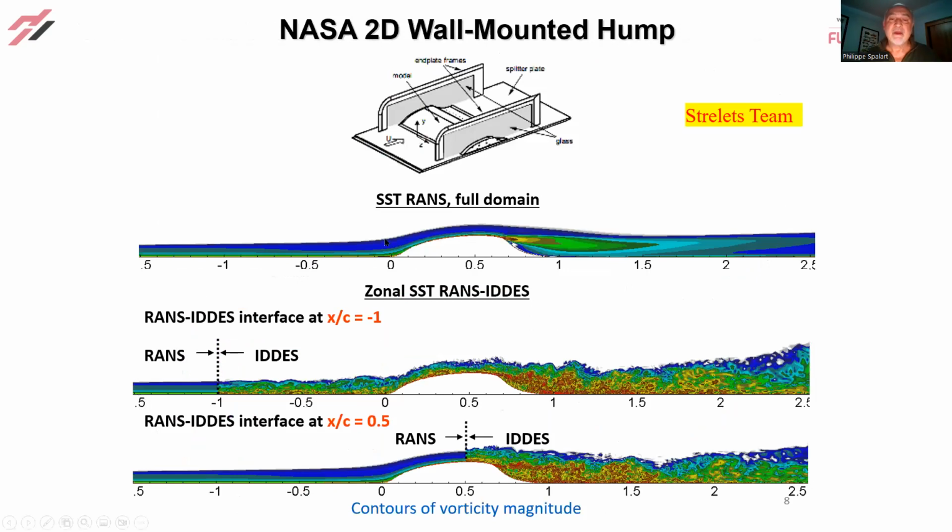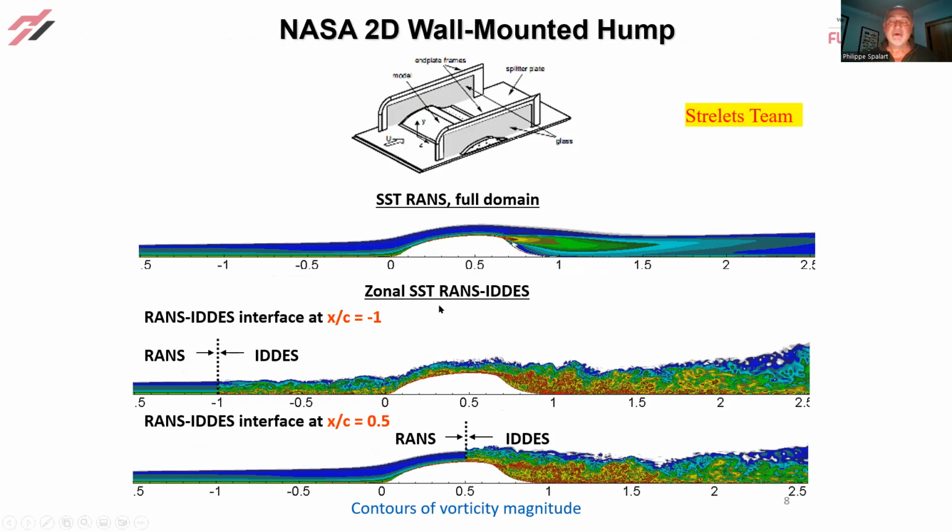Another success story, the NASA wall-mounted hump that you can see here was created to cause separation. So we start with a steady RANS solution in the full domain, and there's a separation, reattachment. It's fine, but you'll see that it's not very accurate.